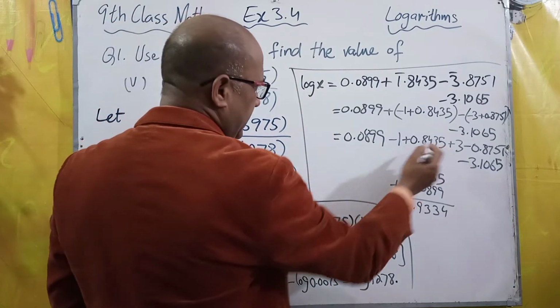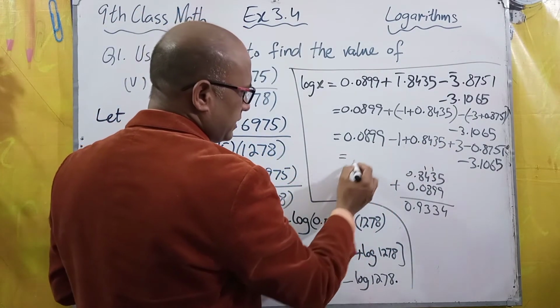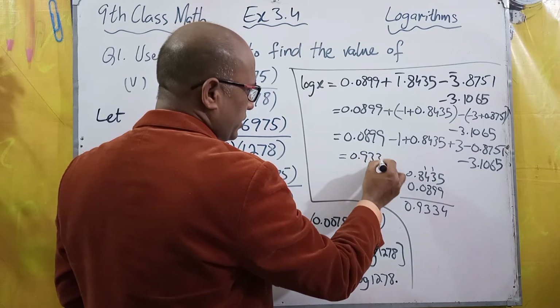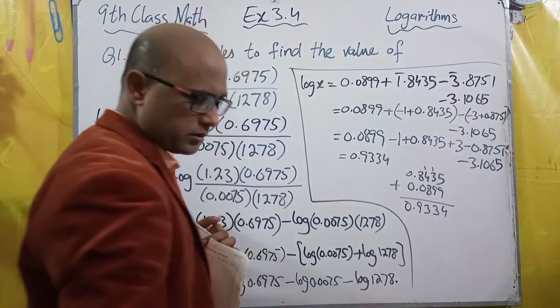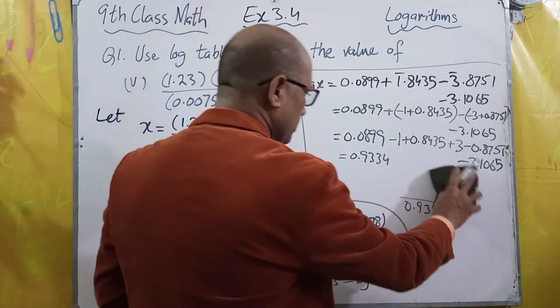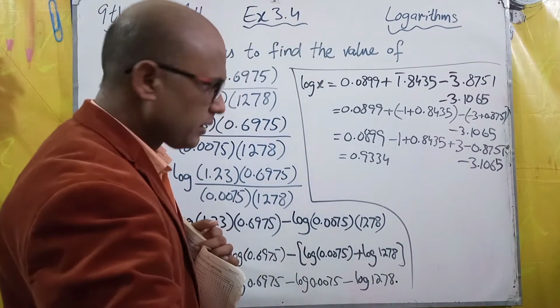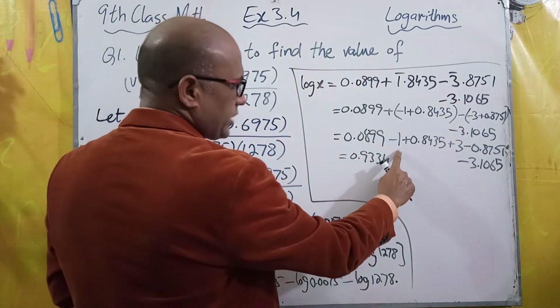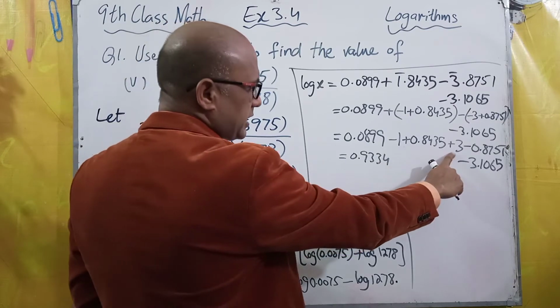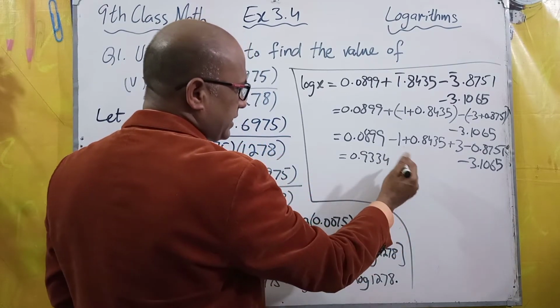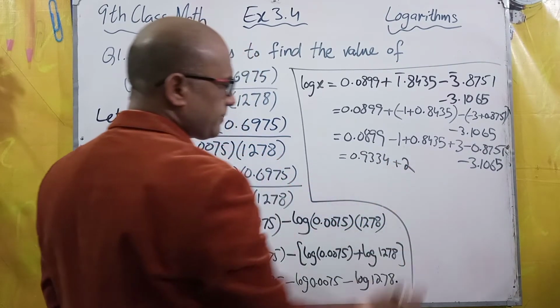So by adding these two numbers, we'll get 0.9334. Now check, this is minus 1 and this is plus 3. By subtracting these two, we'll get plus 2.